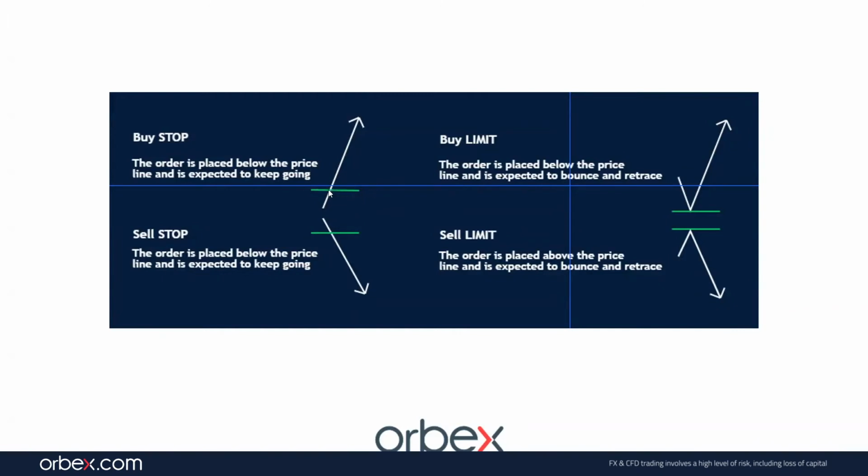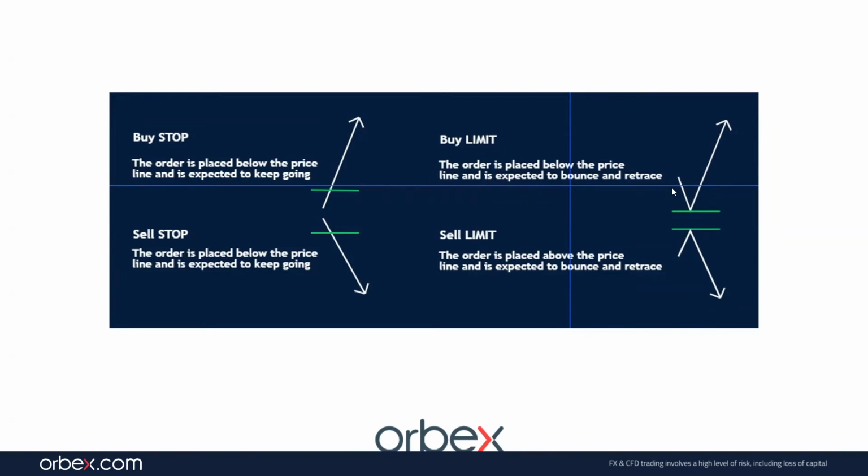Once the bid line is broken, the pending order, placed above the bid line because it's a buy stop, is activated and the price keeps going. Conversely, it would be the same the other way around. For a sell stop, the pending order is made below the market price, and the price is expected to hit it and keep going. Again, we'll look at the MT4 platform in a second.